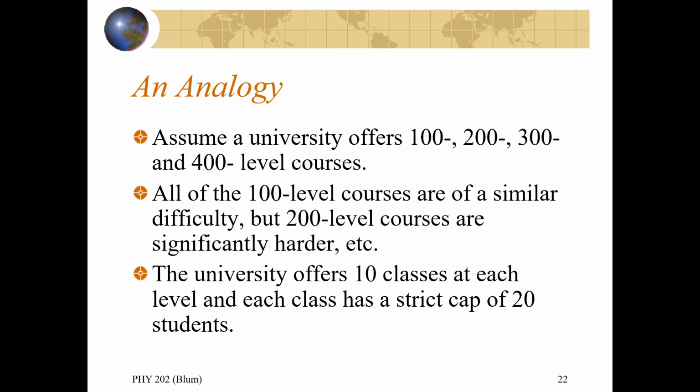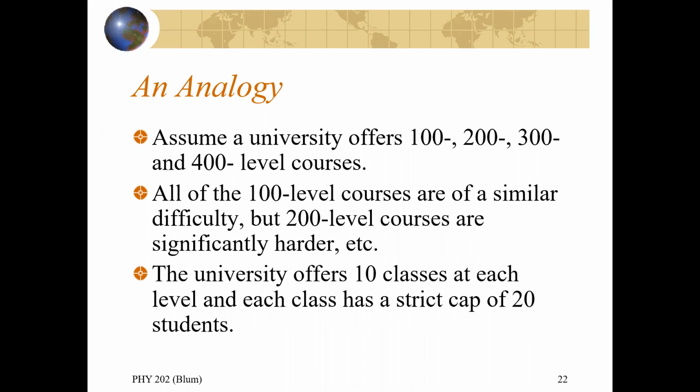No, these are real levels at this university. 100 level courses are easy, 200 not as easy, 300 levels are pretty hard, and 400 levels are just impossible. It's not any fake numbering like around here, it's real numbering. It really corresponds to a level of difficulty.